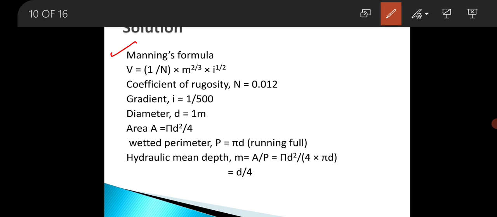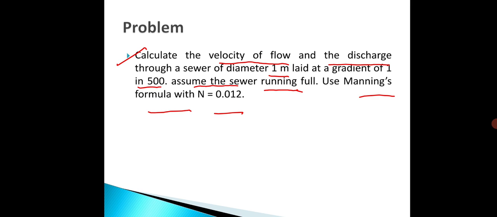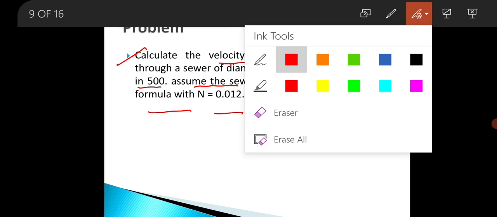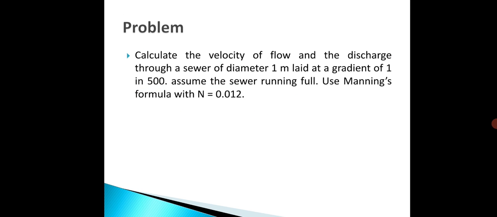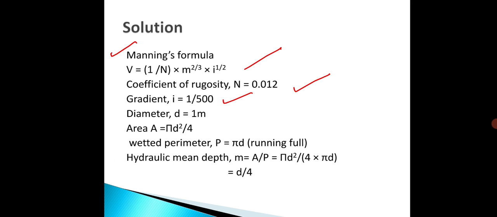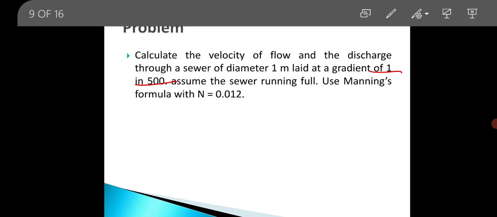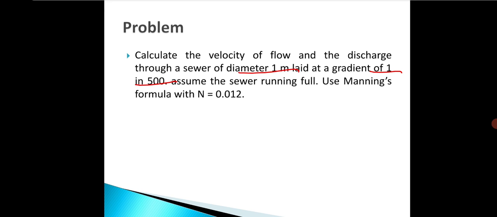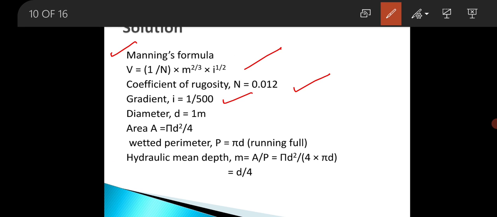As you know, Manning's formula is 1 by n into m to the power 2 by 3 into I to the power 1 by 2. Here the value of rugosity factor n is given as 0.012, the gradient is 1 in 500, and the diameter is 1 meter.